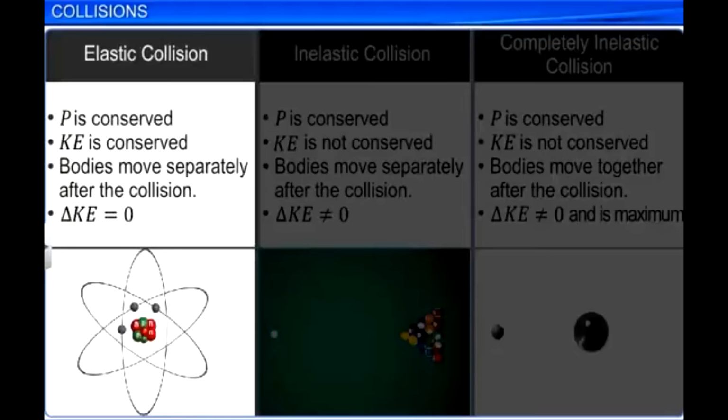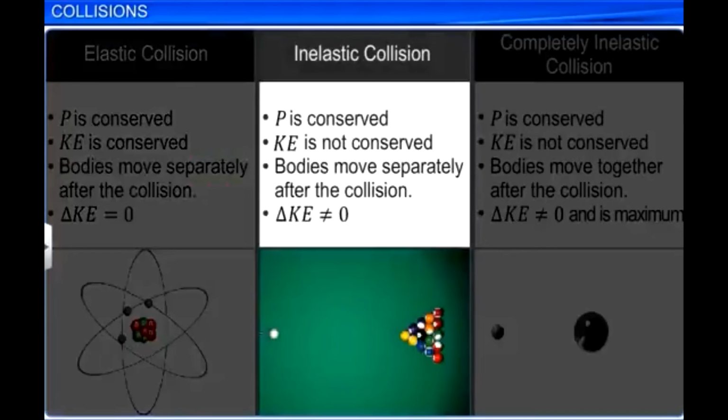In such a collision, the bodies move separately after the collision and the loss in kinetic energy, delta Ke, is 0. This implies that there is no loss in kinetic energy. For example, the collision between subatomic particles is an elastic collision.